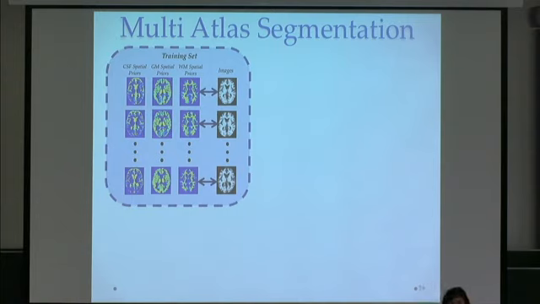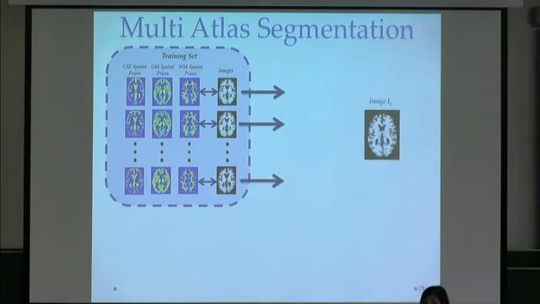Again, we have a large training set of images and associated labels, but we keep it as it is. We store all the data, and once we have a new image, a test image, we use just part of the data or a weighted summary of the data in order to generate the atlas. So we tailor the atlas to the image.